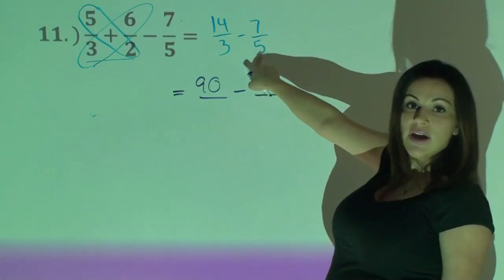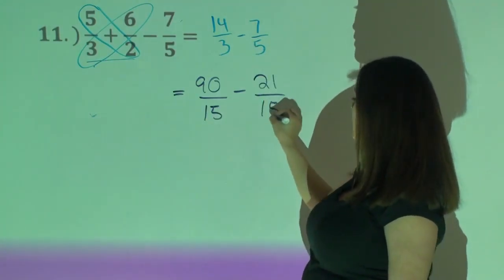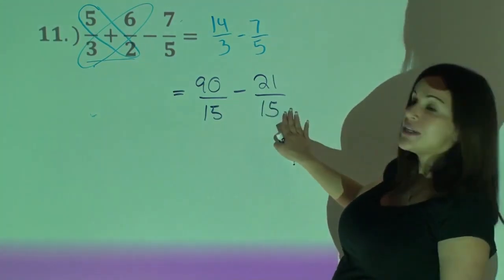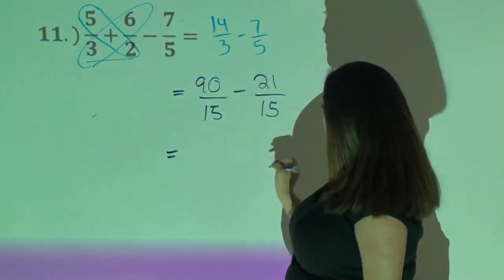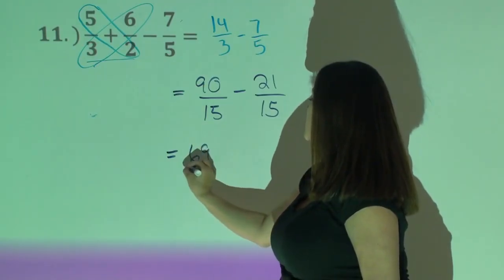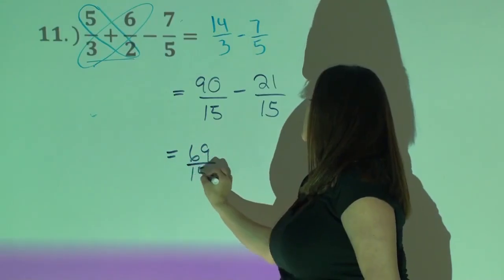Over 3 times 5 is 15. Okay, so we got 90/15 minus 21/15. And that'll give us 69. 90 minus 21 is 69 over 15.